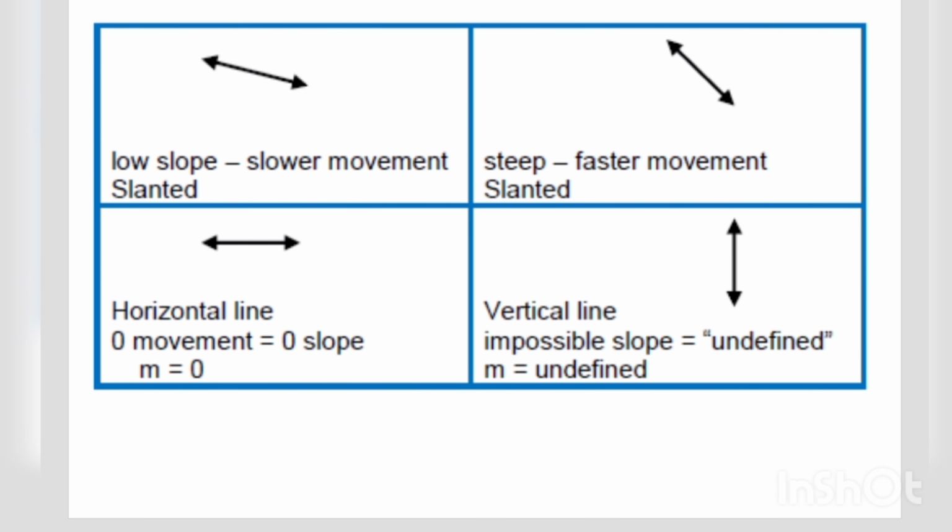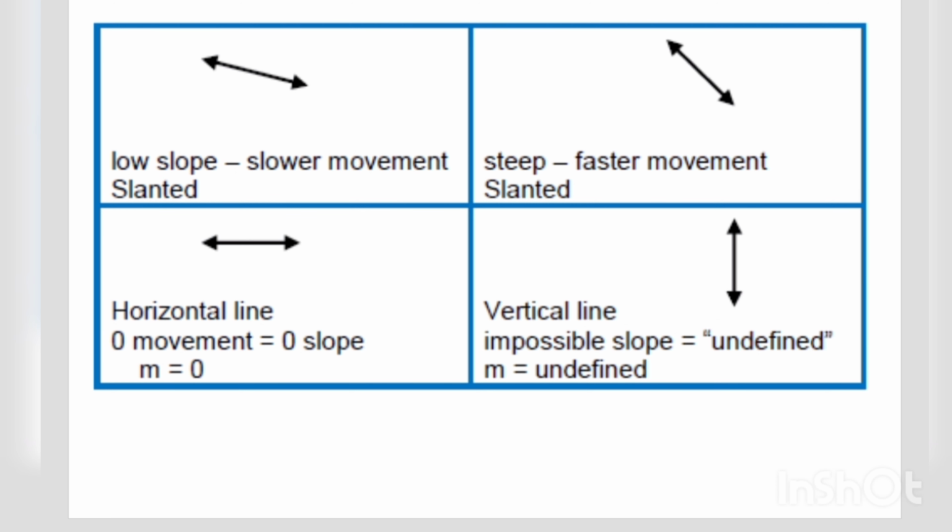So in short, whenever you look at a horizontal line, you should remember that a horizontal line simply does not have any steepness, and therefore the slope is always going to be 0.